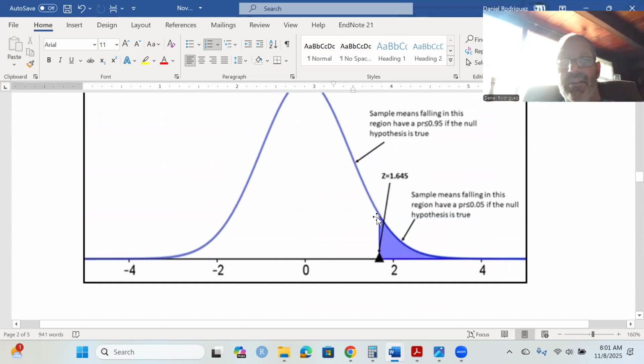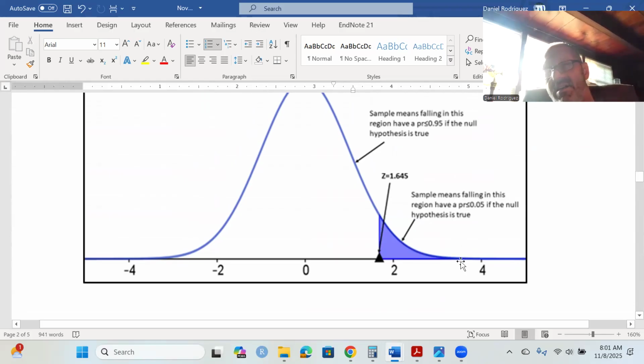This area here cuts off the upper 5% of the distribution. And our value was 3 point something, 3.8 something. It's going to be way out here, right? So it's way beyond our cutoff. That means the probability of our observed result is much smaller than what we allowed.